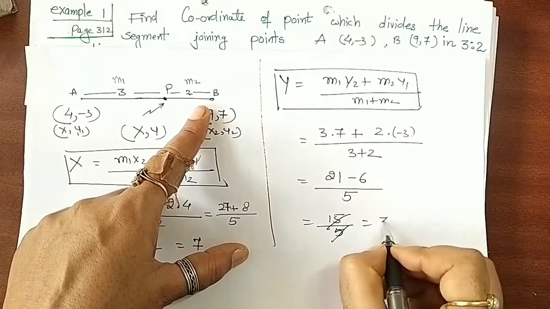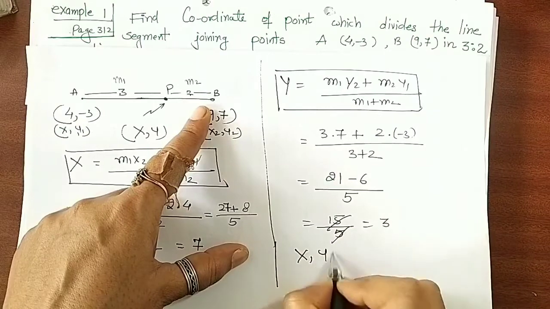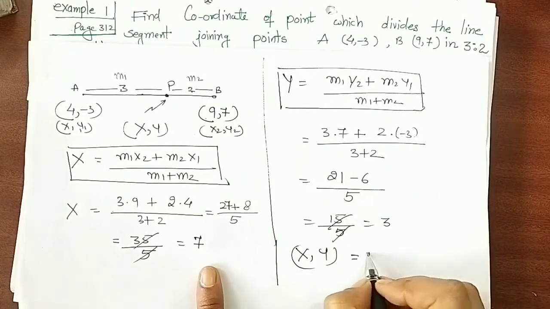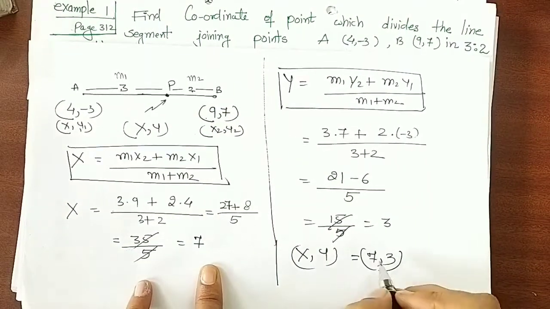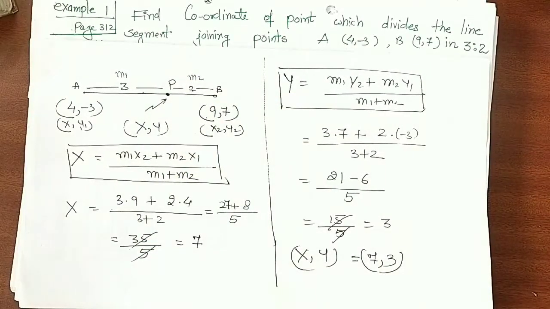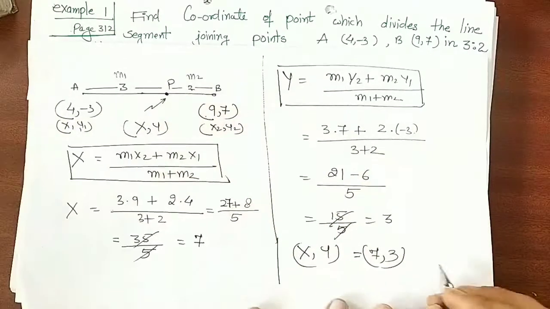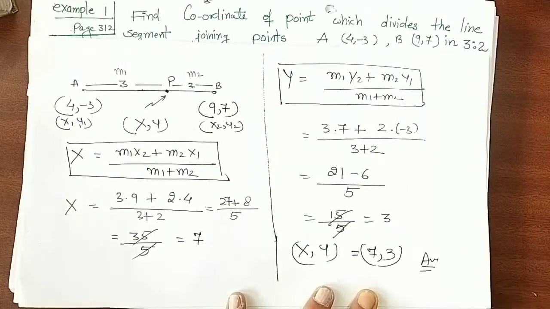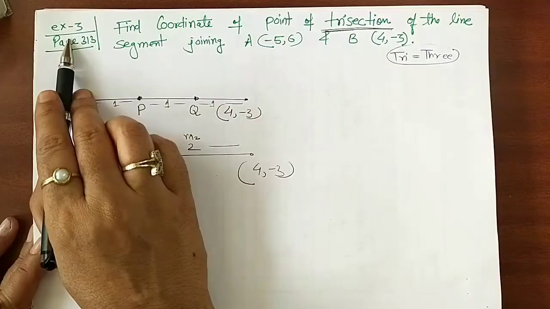If I cancel, it is 3. So I got x, y: x was 7 and y is 3. So the point which is dividing the whole line in the ratio 3:2 is (7, 3). This is my answer.